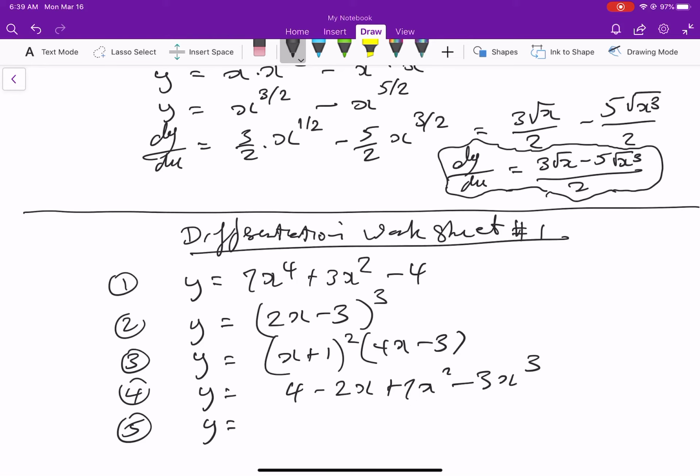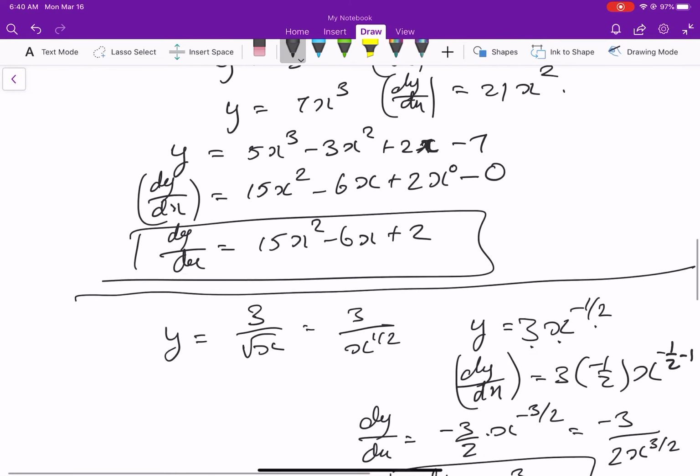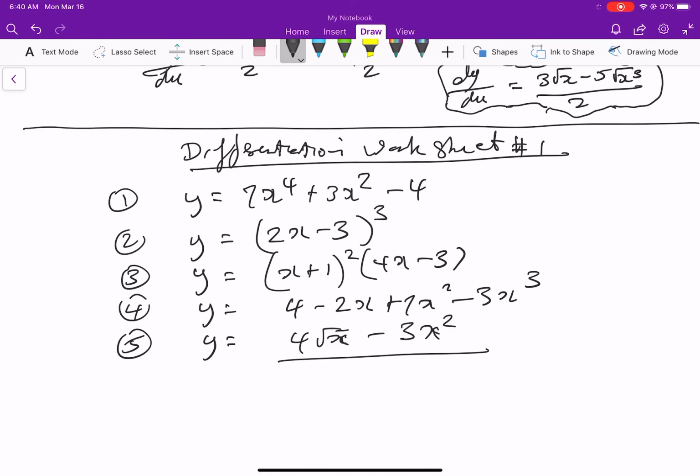Number 5. y is equal to 4 root x minus 3x squared upon x to the power 3 halves.